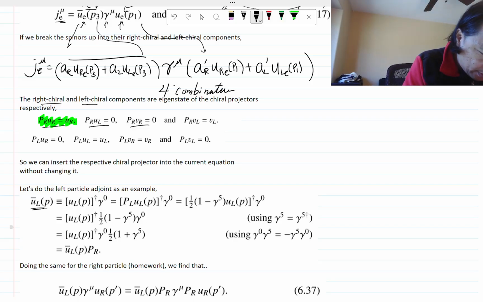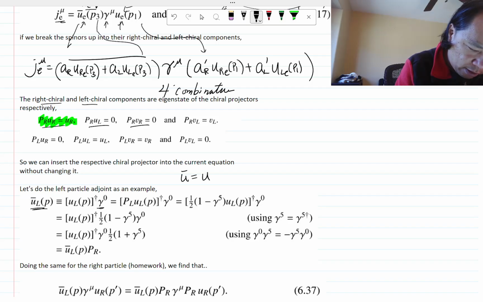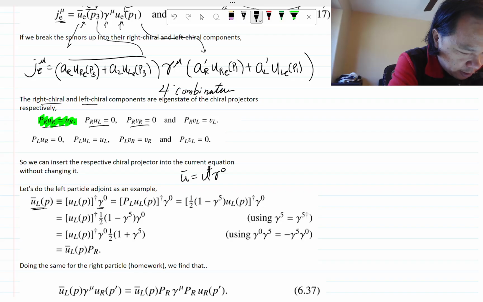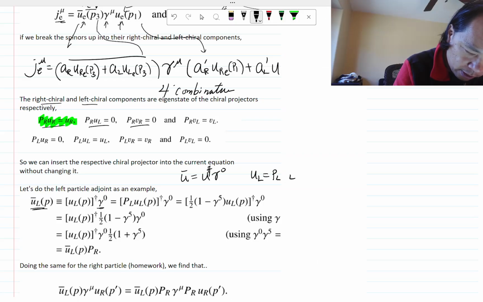So the left adjoint spinor, we can pull out this gamma 0 here, because remember, the adjoint is the same thing as whatever that is with the dagger, with the gamma 0 pulled out. So when we have this, instead, we're going to insert UL, since UL is equal to PL UL.